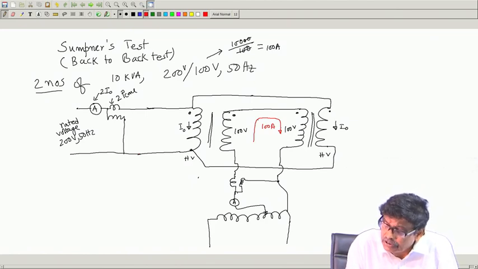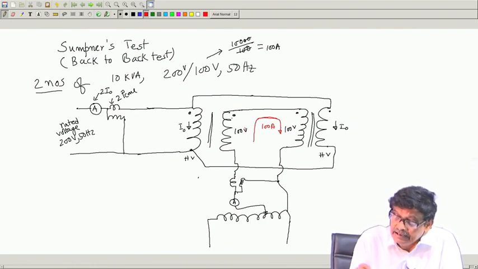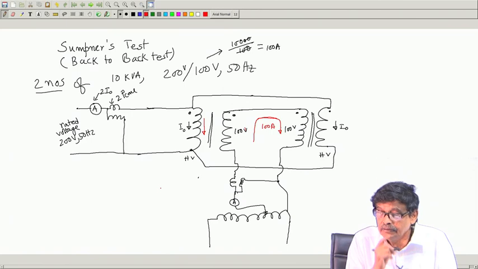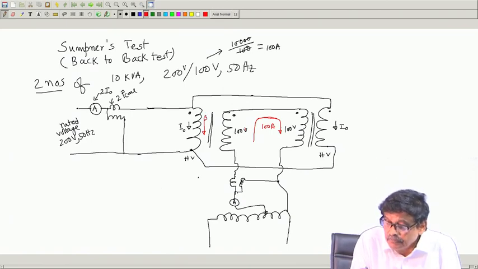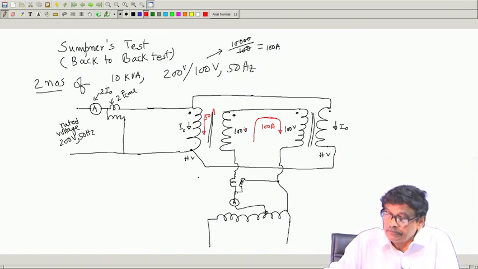Therefore, through the dot 100 ampere coming out for this transformer means that through this dot 50 ampere must flow. Through the dot, current coming out, through the dot 50 ampere must flow.